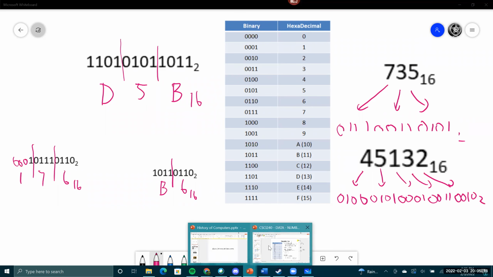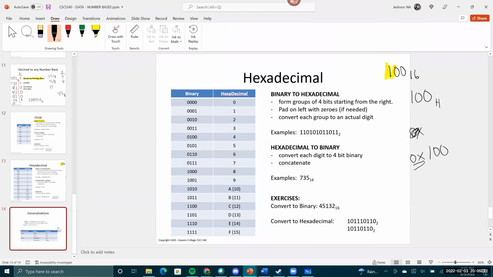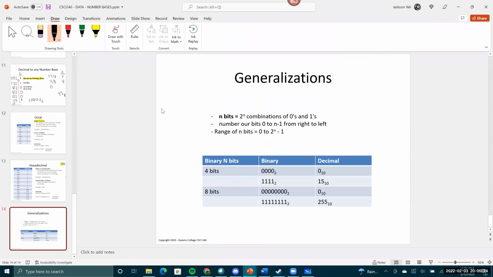All right, let's go to our last lecture slide, which is generalizations. So we've been talking about binary and bits. When someone says n bits, they're essentially referring to the number of bits that compose the number. And the bits are labeled from, let's say this is x, x, x, x, 4 bits.